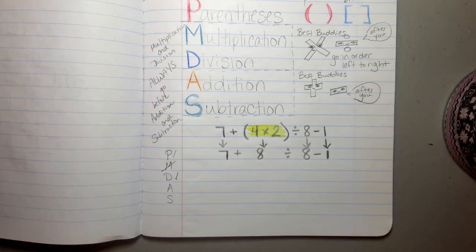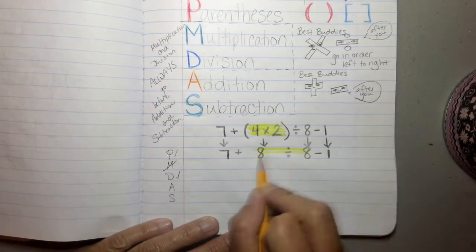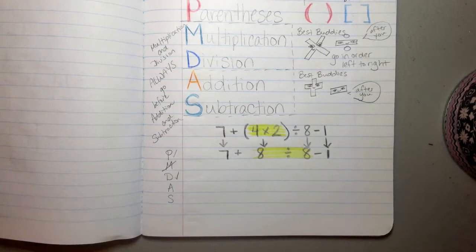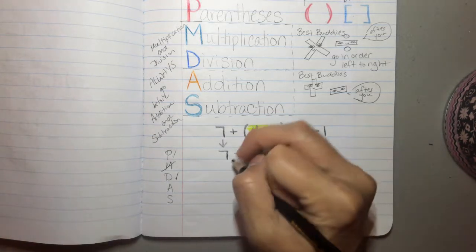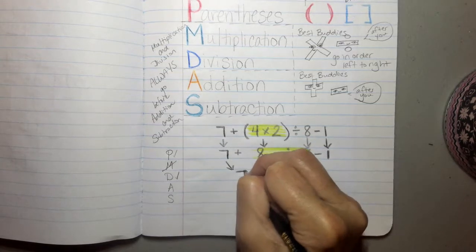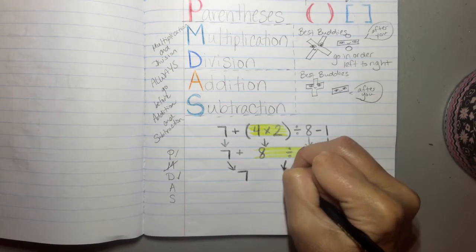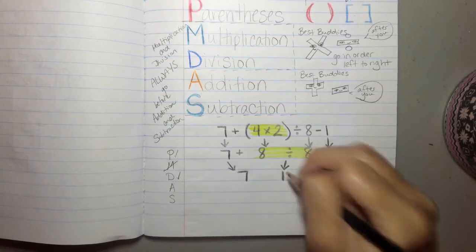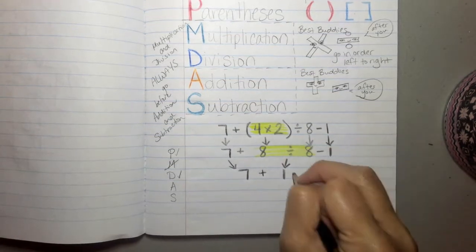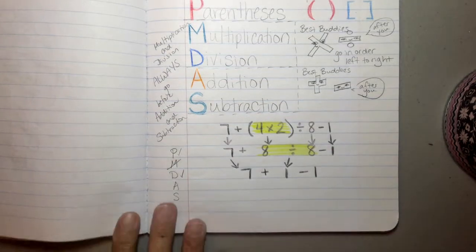I'm looking right here, 8 divided by 8. So what is 8 divided by 8? Well, it's 1, right? So I'm going to bring that 7 down, 8 divided by 8 is 1, we got minus 1.